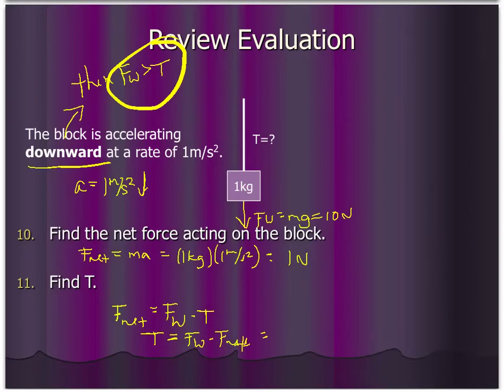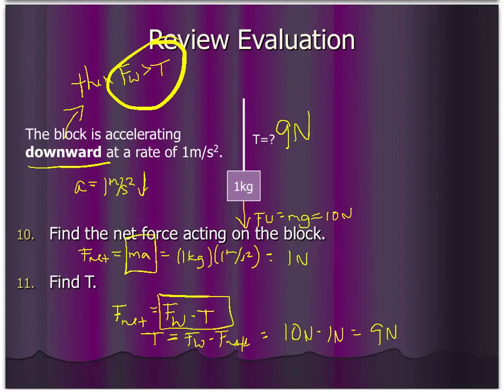Or in other words, 10 newtons minus 1 newton for a tension of 9 newtons. Okay. You could also set mass times acceleration equal to FW minus T and rearrange and solve for that. It just depends upon what series of questions you're being asked to answer for a particular problem.